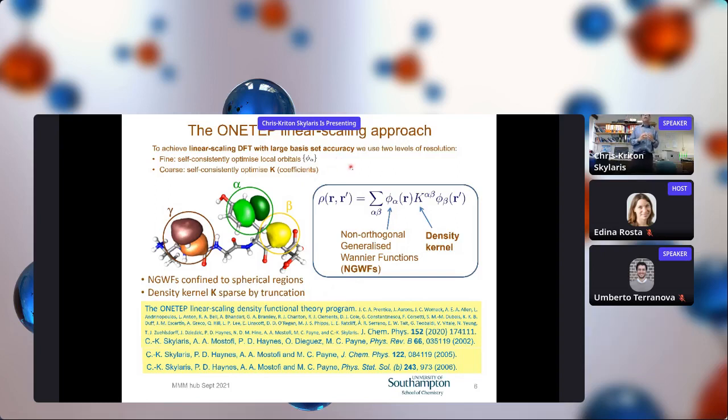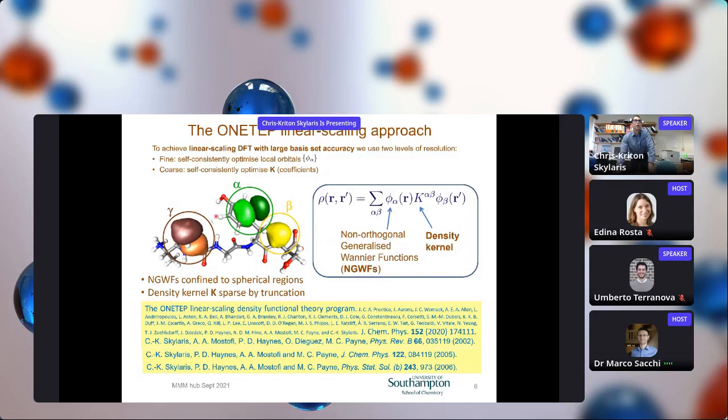So we have a fine level of resolution, which is in terms of a basis set, which is very detailed, like a grid or a plane wave basis set, in which we express a second level of resolution, which is localized orbitals, which we call non-orthogonal generalized Wannier functions.